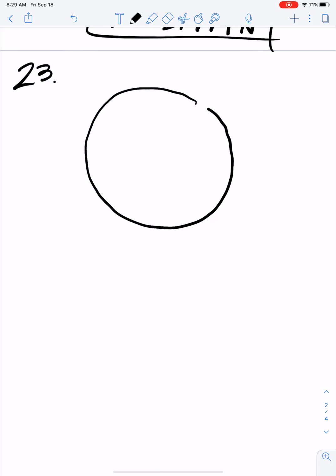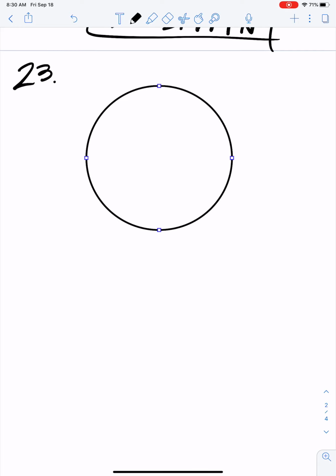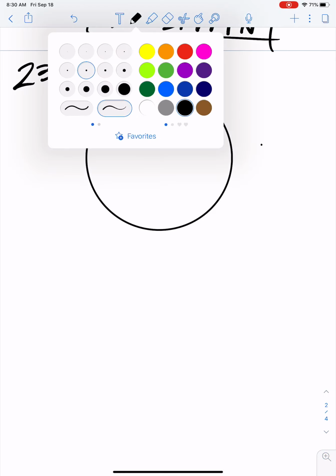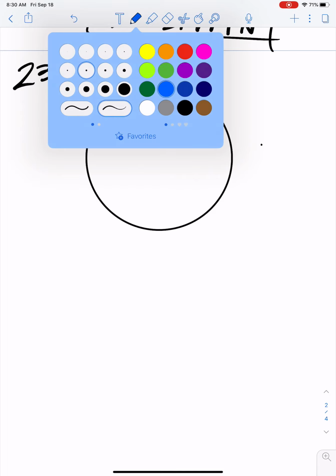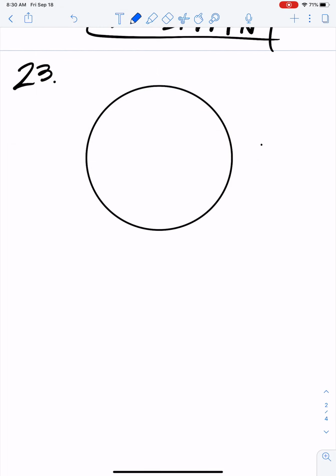Number 23. This one's a little tougher. We are given a circle, which we say is a merry-go-round, and then we're going to go ahead and put a couple forces on it. We got one from Tom and one from Jerry. So Tom puts a force that looks like this.